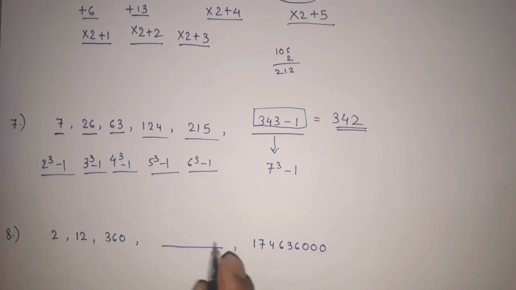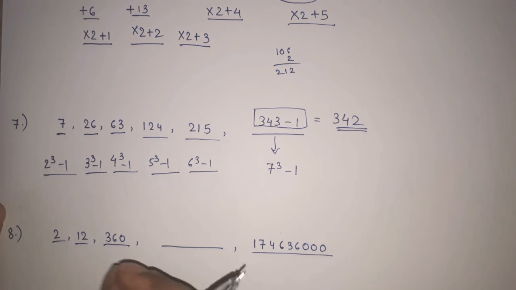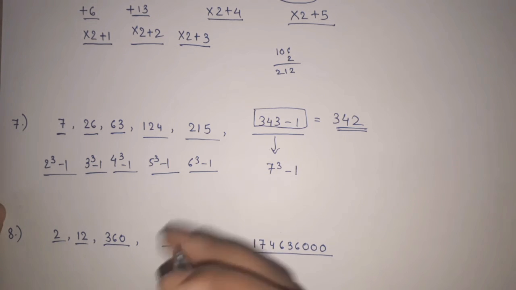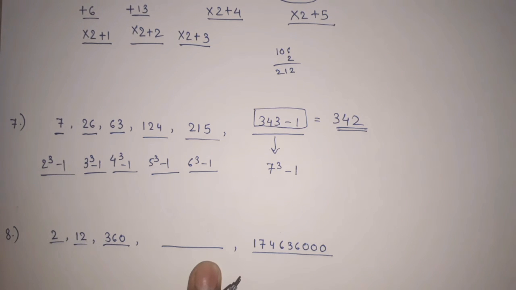2, 12, 360, dash and this. Okay. So here the numbers are increasing exponentially. See, first a one digit number 2, then 12, then directly 360, then one blank is there, then directly this much big number. That means it is not simple addition, it is not simple multiplication, but when the numbers are increasing exponentially up to this great extent, that means this is the multiplication with some cube or square.